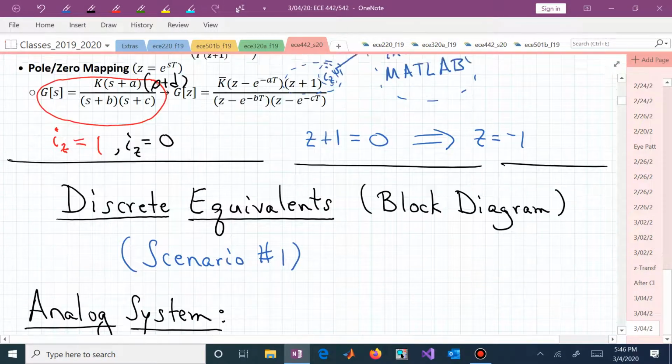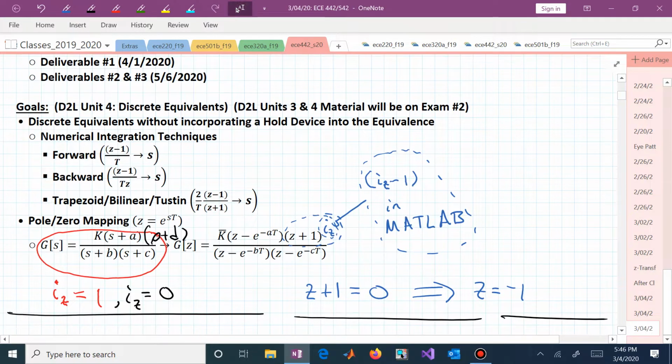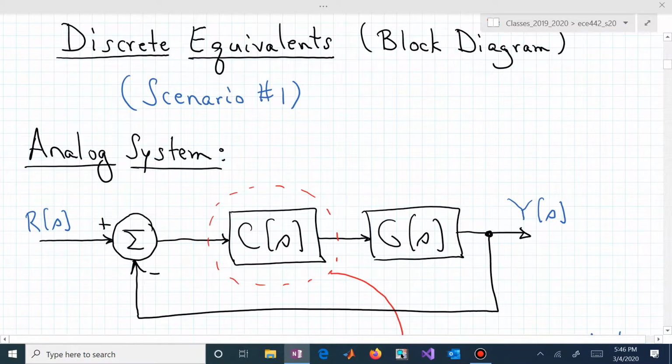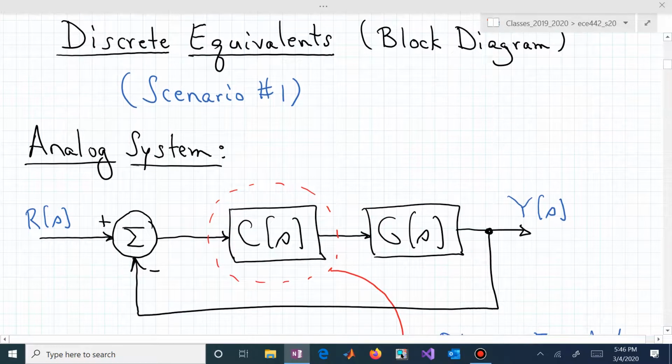Now, moving back to this piece, which is the first part of what we want to talk about today, is discrete equivalence using numerical integration strategies. This is returning to scenario number 1, where we might have an analog controller and your boss now says, you know what? I'm tired of making these analog controllers, all these op amps and resistors and capacitors.